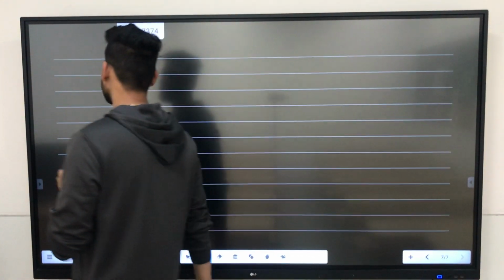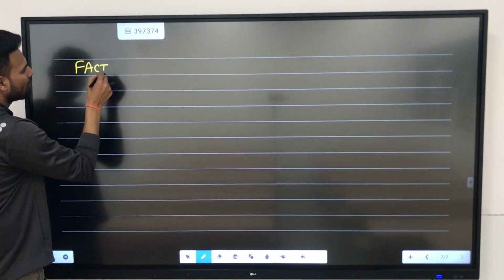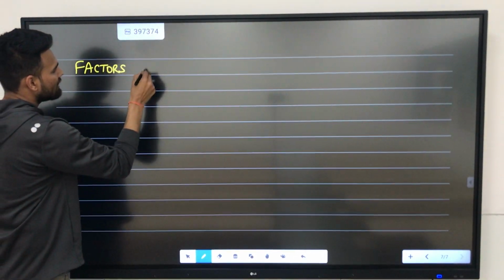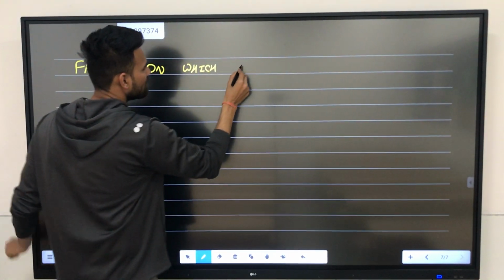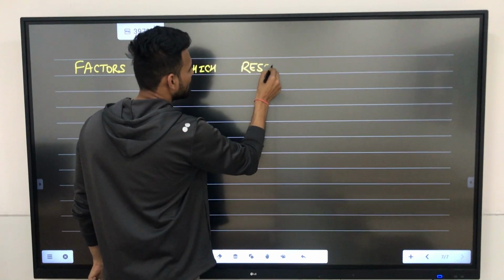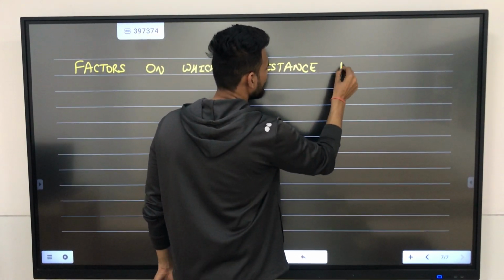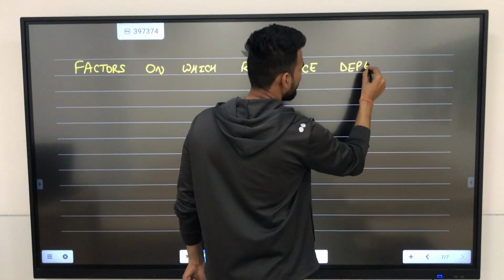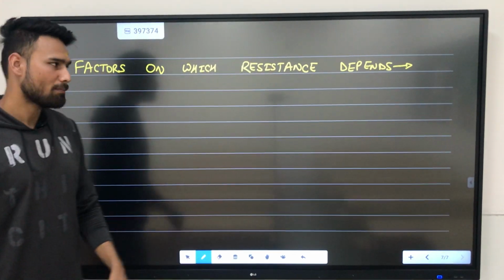Now we will be discussing the factors on which resistance depends. There are a few factors on which resistance depends.